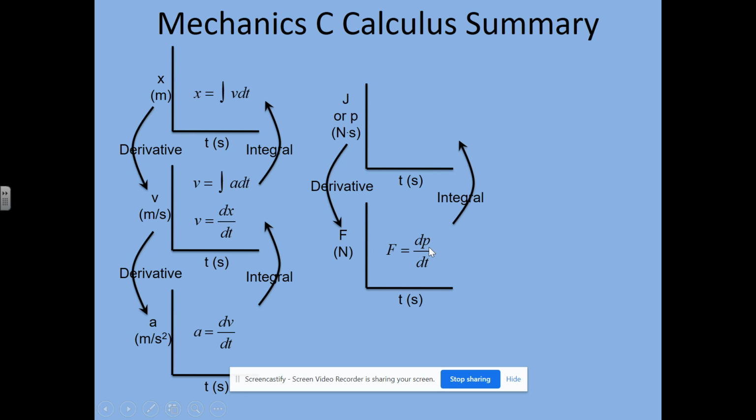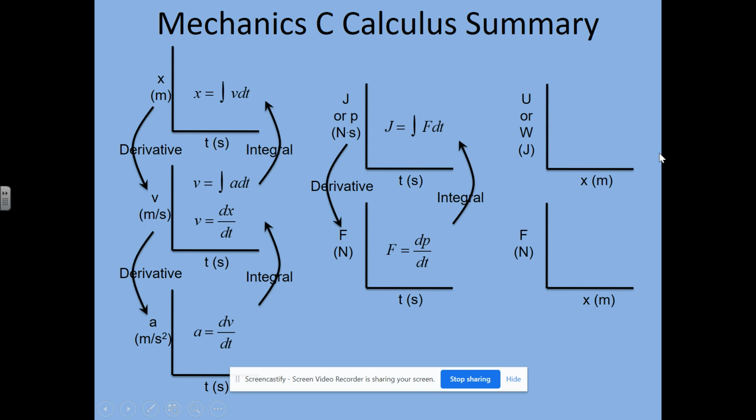And so if we look at that change in momentum with respect to time, we can get the force. Going up, if we take the integral of F dt, we get impulse, or we get the change in momentum. And if you use the units to guide you, the unit of force is Newton and the unit of t is time. And so a Newton second is an impulse, or also the unit for momentum.